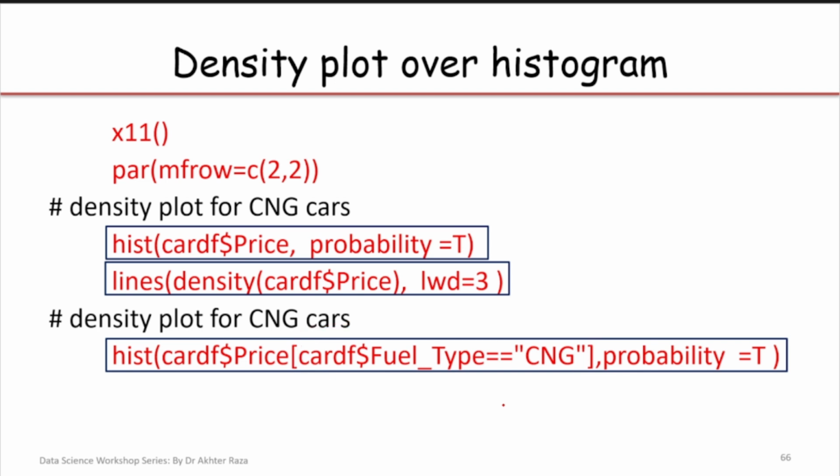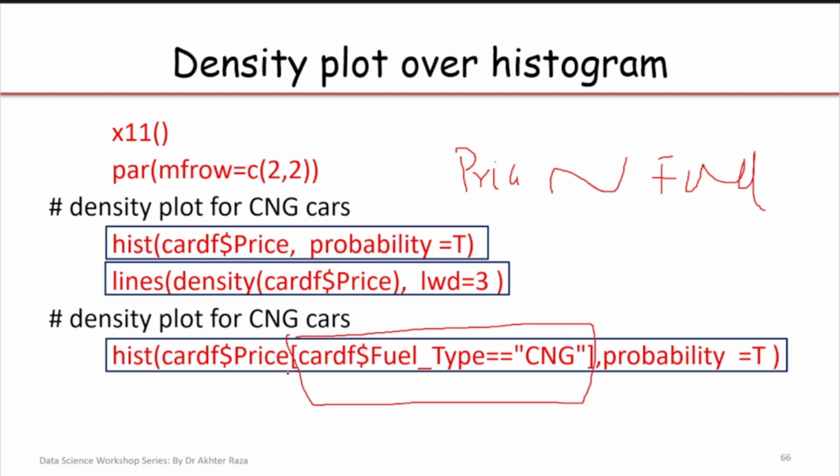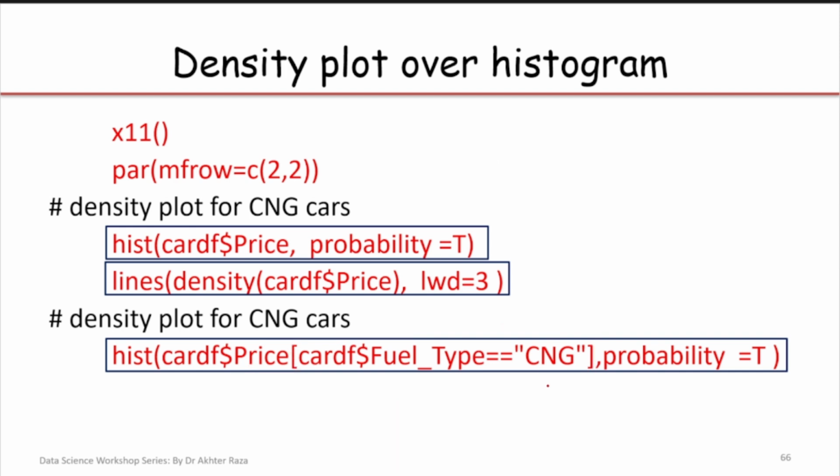We cannot use the formula which we used previously with the box plot, in which we use fuel type here and the price here. This is not allowed in the histogram. That is why we are using manual conditions here. The prices will be used only for those cars which fulfill this condition, that the fuel type is CNG.